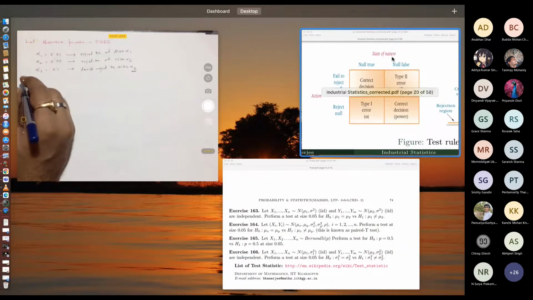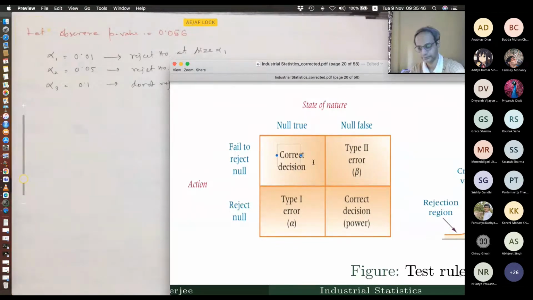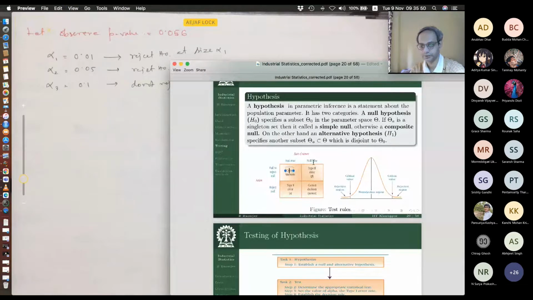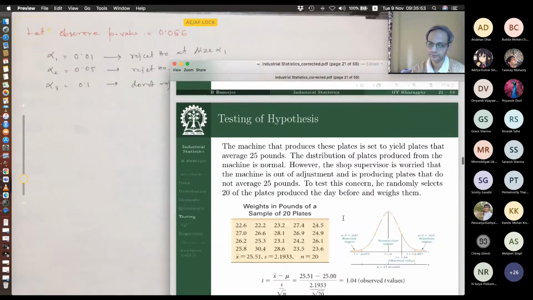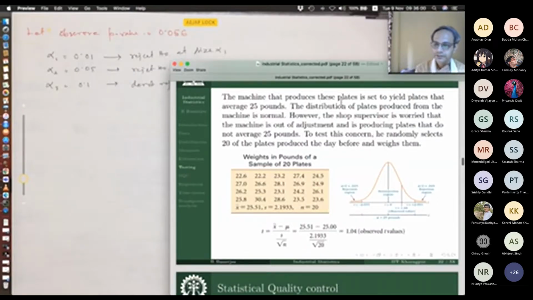Okay, so here also I had one real life example. For the T test, you can see that the machine that produces these pellets produces pellets that average 25 pounds.